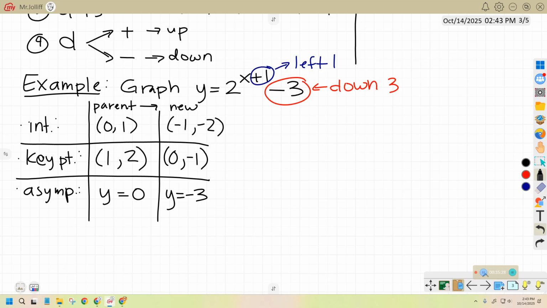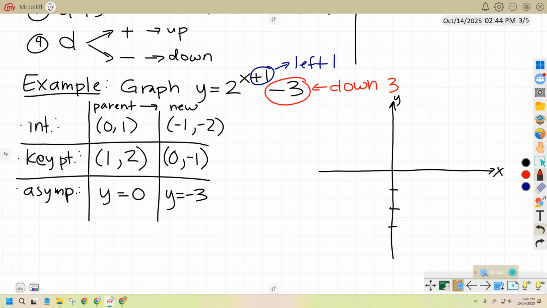That is enough for us to get a sketch of our graph. So let's do that. So first thing, I'm going to draw my asymptote. I'm going to mark my points. I'm going to draw a smooth curve. So I have an asymptote at, I guess I should scale this, 1, 2, 3.